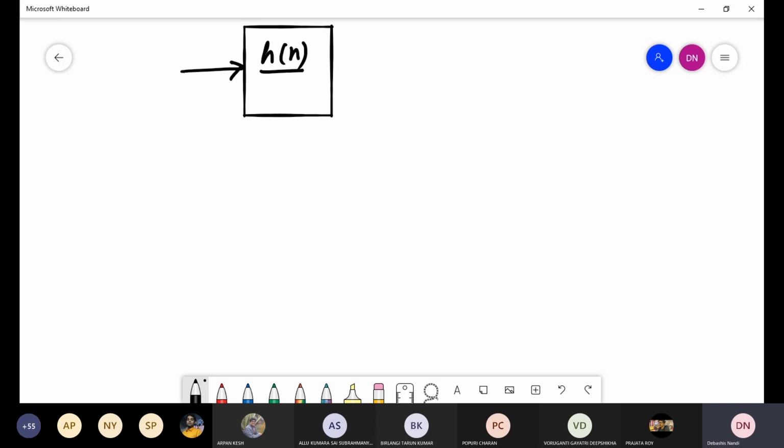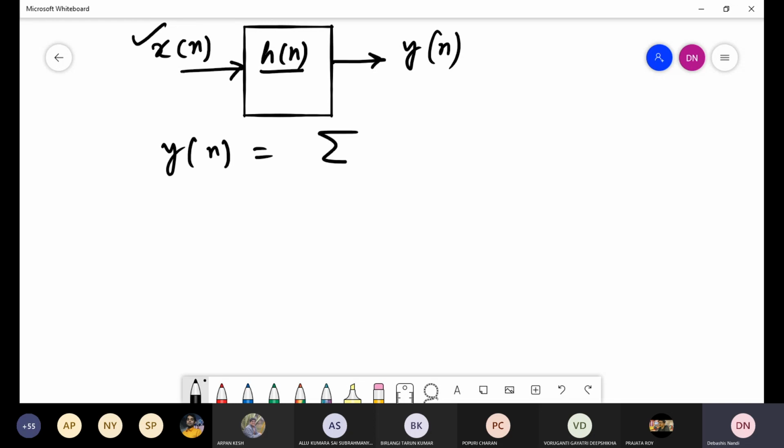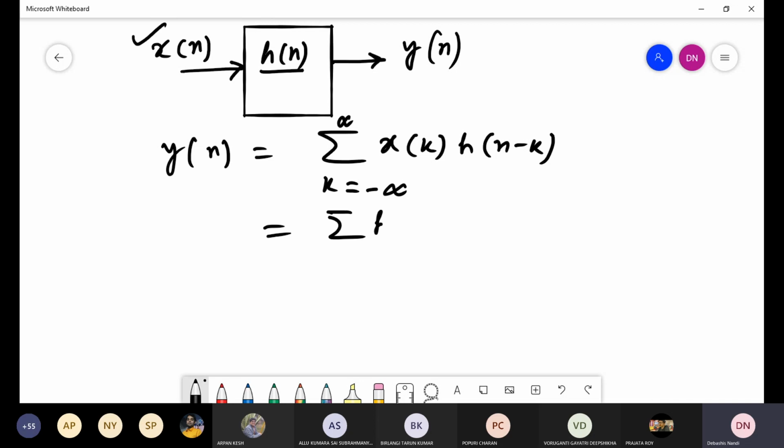And if you are asked to find out the output of the system for a given arbitrary signal x[n], then this y[n] can be calculated by performing this convolution summation, k equal to minus infinity to plus infinity, x[k] h[n minus k], or h[k] x[n minus k], because this is commutative.